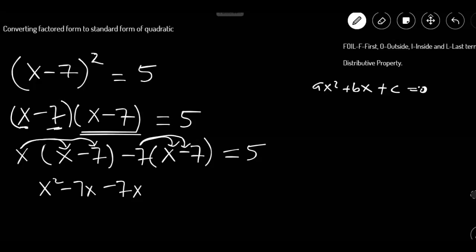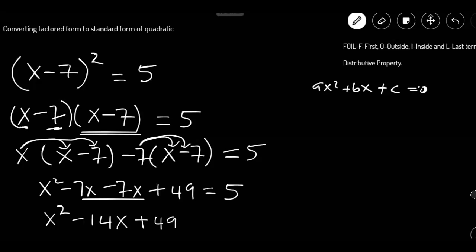Negative 7 times negative 7 gives us positive 49, and it equals to 5. We deal with these like terms. When we combine them, we get negative 14x plus 49 equals to 5.